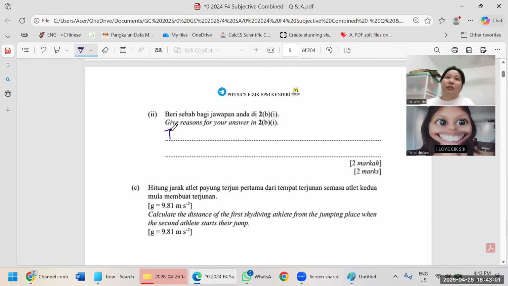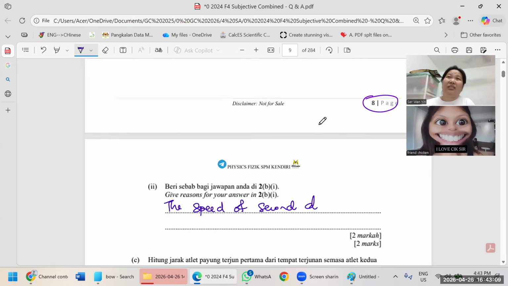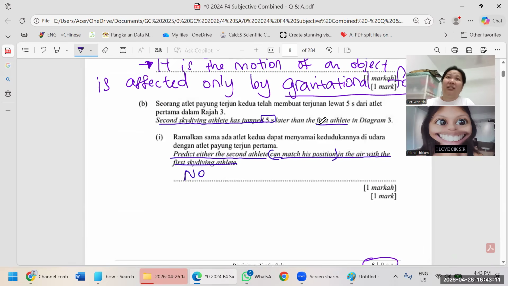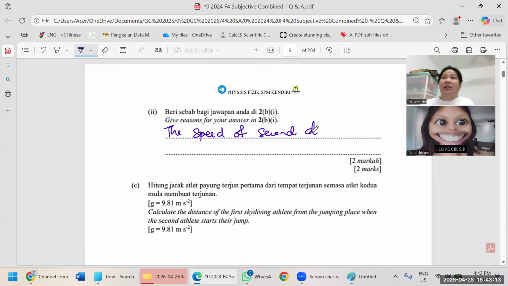Because the speed of the second skydiving athlete is lower than the first one.